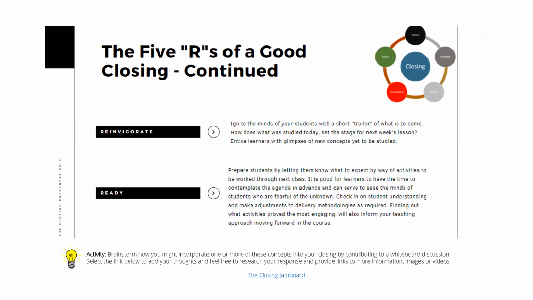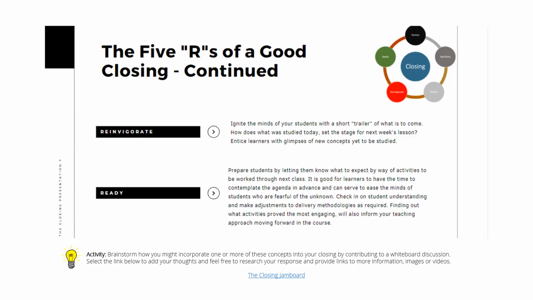And finally, ready your students and prepare them. Prepare them for next class. Think about how you can ease the minds of those students who might be nervous about what's coming. Giving them a heads up. Some students need some additional time to prepare for certain activities potentially. So this can work to ready those students.